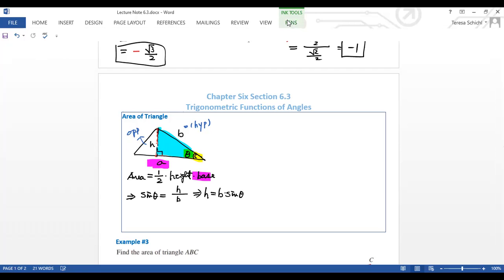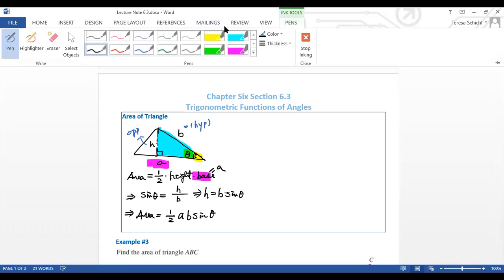It is A. So the area will be 1/2 times A times B times sine theta, right?